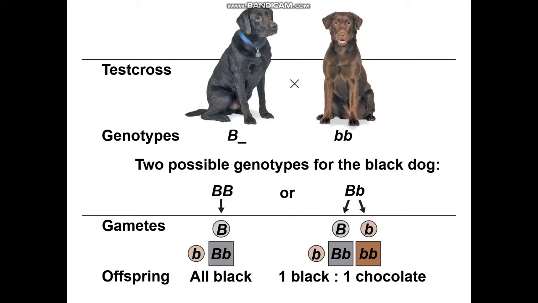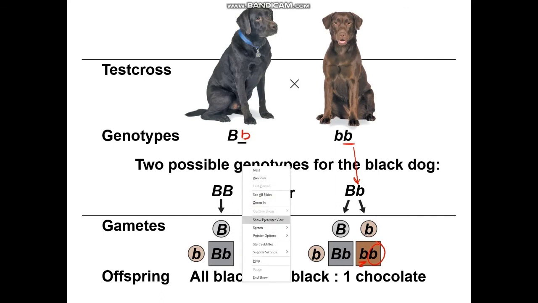If, on the other hand, this second allele happens to be a recessive allele, well, we already know that the mother is going to give all of the offspring a recessive allele here. So if the father can give 50% of his offspring a recessive allele, that means that 50% of the offspring are going to be chocolate and 50% are going to have black fur.